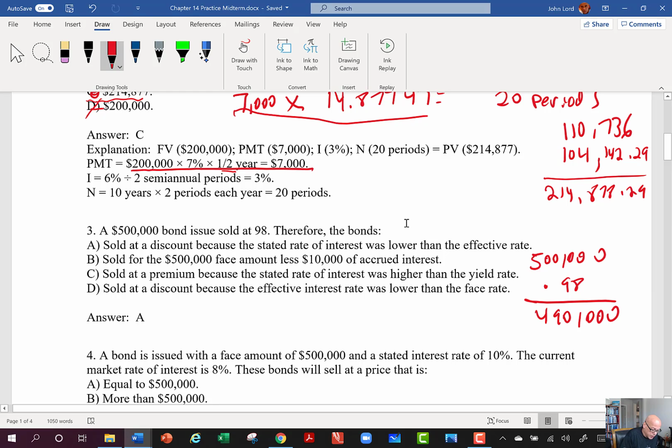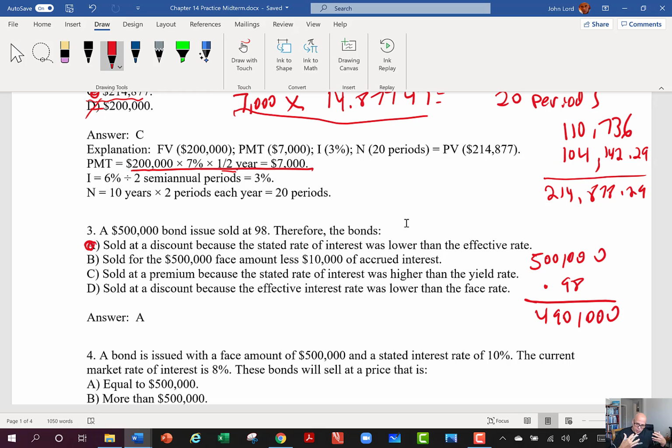So the bond sold at a discount, and a bond sells at a discount because what? Because the stated rate that's on the face of the bond, the coupon rate, the contract rate, and I'm using all those terms because those are all synonymous terms. I want you to be aware of all of them.